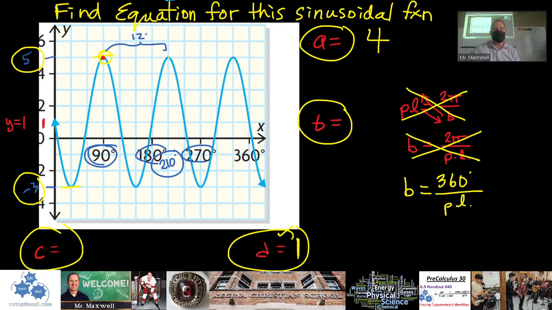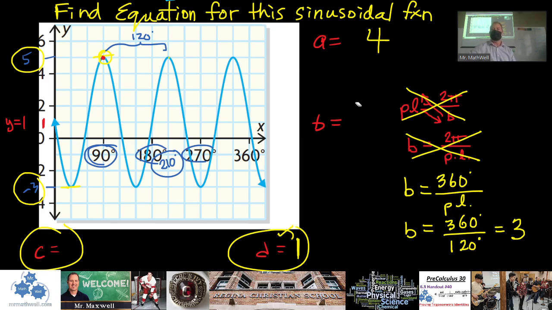So the period length is 120 degrees. So guess what? The B value is 360 degrees divided by 120 degrees. And that's going to be 3, isn't it? So there you go. We've found our B value, and it's 3.